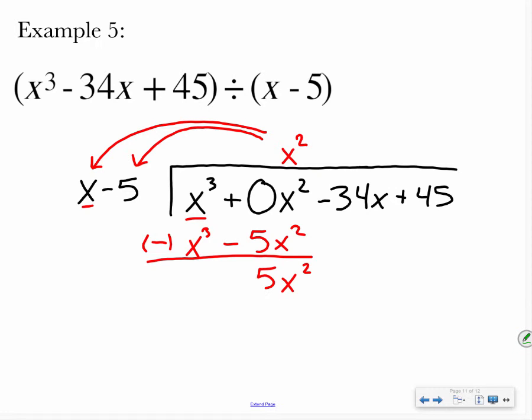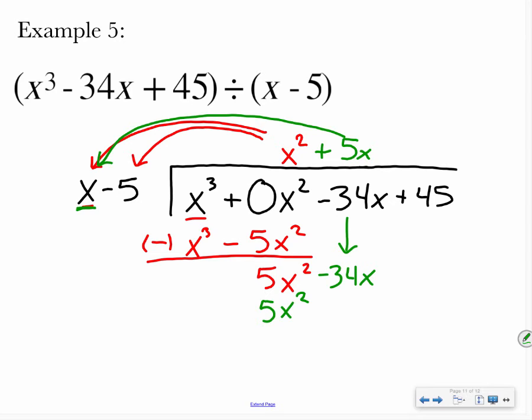Next, we have a 5x squared. So what do we need to multiply our x by in order to get 5x squared? We have to multiply by a 5x. So we have plus 5x times our x. That gives us 5x squared. I realized I forgot to carry my next term down. There we go. Sorry.